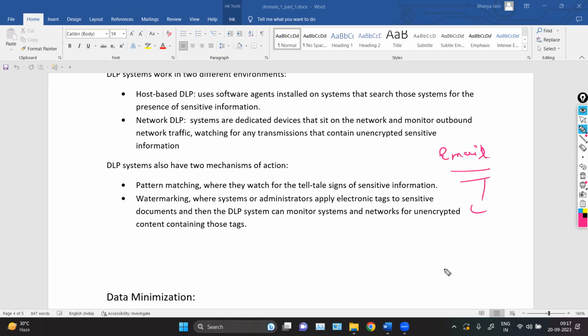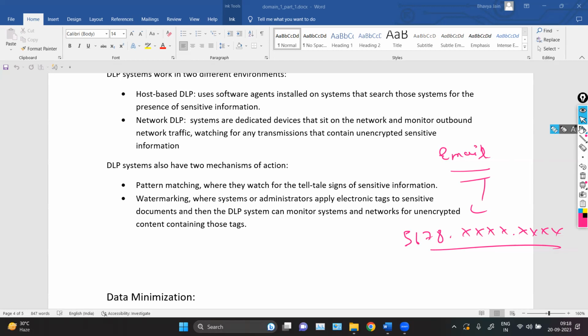There's a sign of credit cards, like a credit card number, let's say 5678 dot xxx. This is a format of credit card numbers. By this sign, the DLP systems identify which one is sensitive information and which one is not.